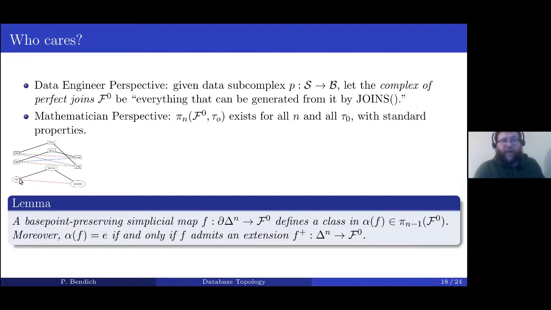If I have some way of saying a section that goes all the way around the circle, age, name, weight, down we go, that defines a class, alpha_f, in pi_{n-1} of F_0. Why? Well, the boundary of delta^n is an (n-1)-sphere, and a section is therefore a map from the (n-1)-sphere into F_0. So I can look at its homotopy class, which I'm allowed to talk about because of this Kan condition.